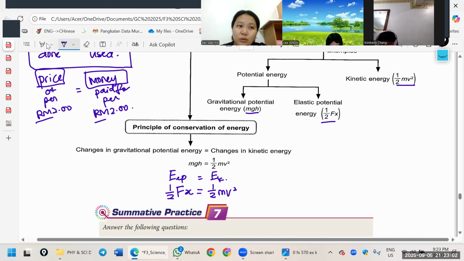Most of the time it will equal kinetic energy, because this one has elastic potential energy, agree?